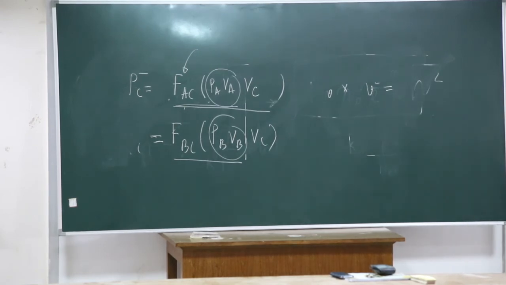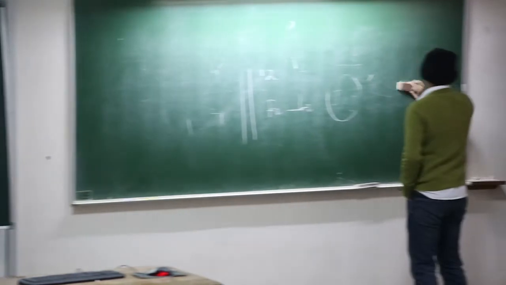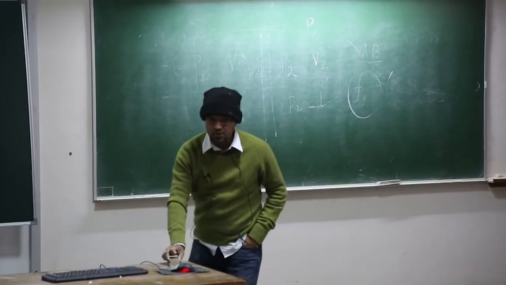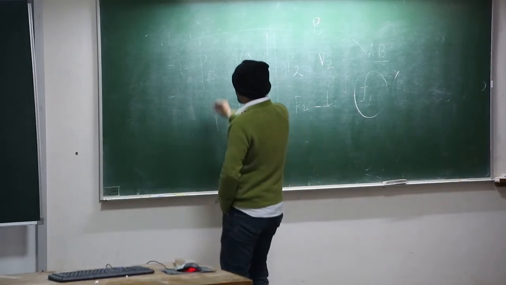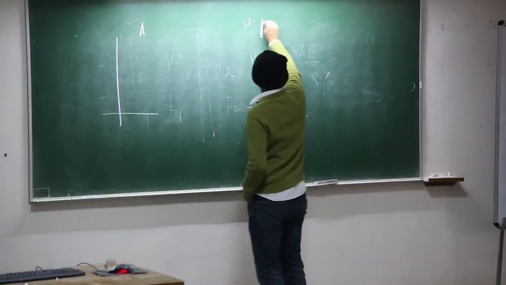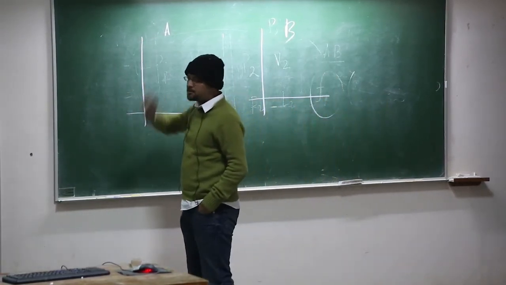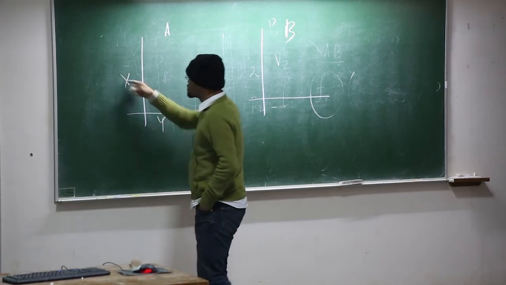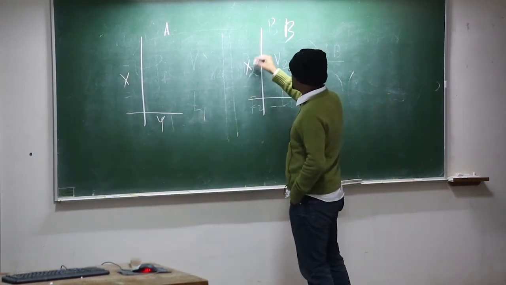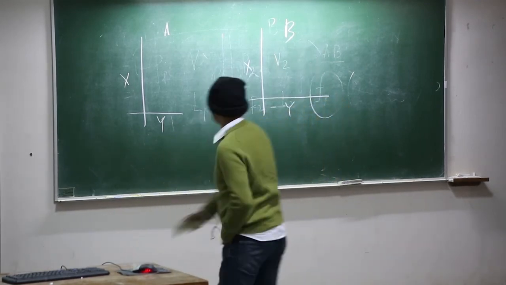So for this, we take again two systems. These two systems could be any two arbitrary systems, and let's call them systems A and B as usual, and let's assume that the systems have thermodynamic variables, say x and y. This could be pressure and volume or some other two variables.